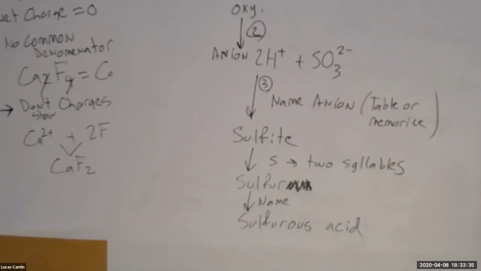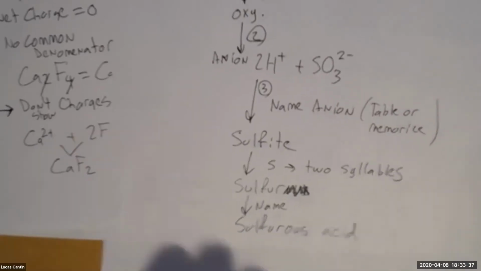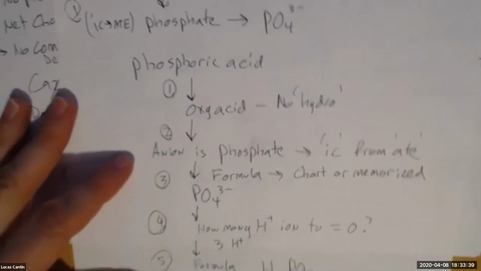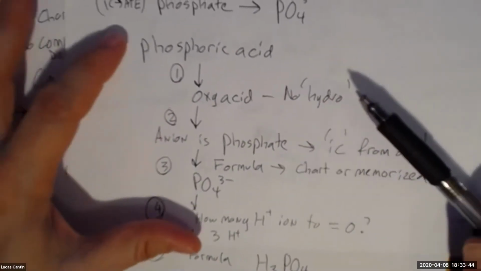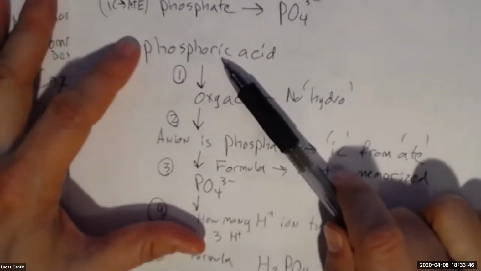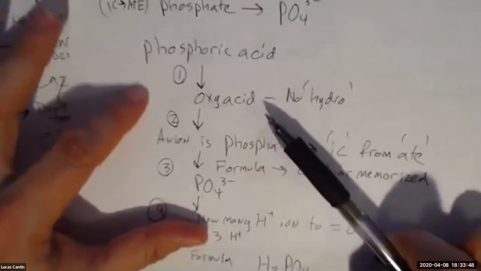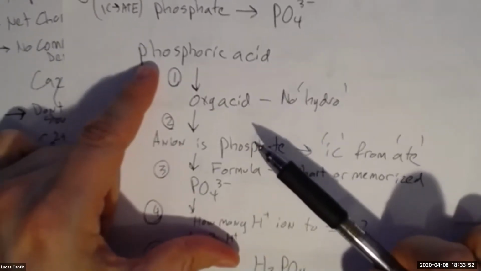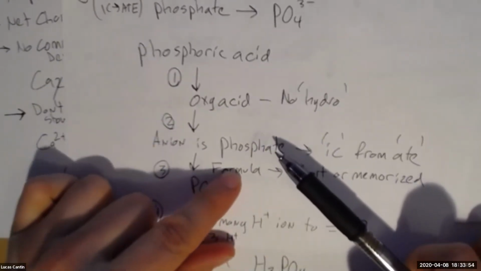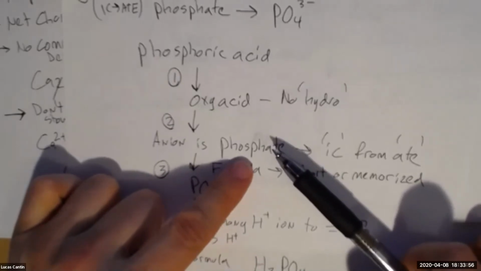Let's go back to the previous one. Where was the 2 syllable thing coming over here? So we said phosphoric acid, it's oxy. When we went from phosphoric, we still saw phosphate.